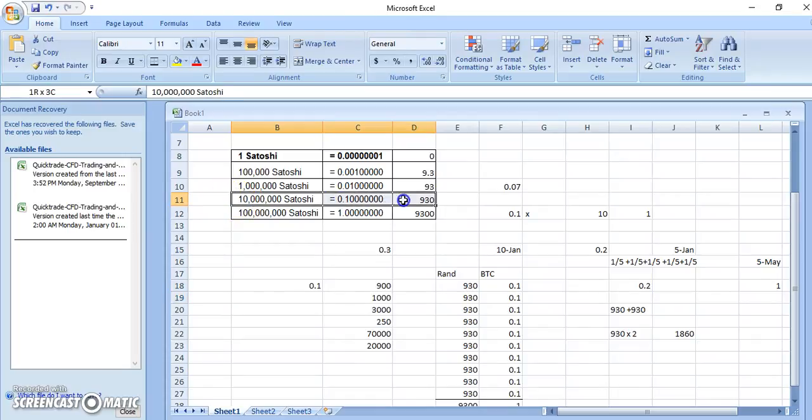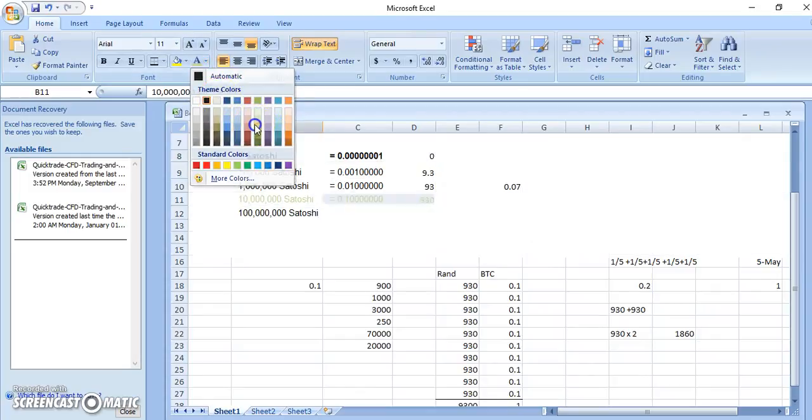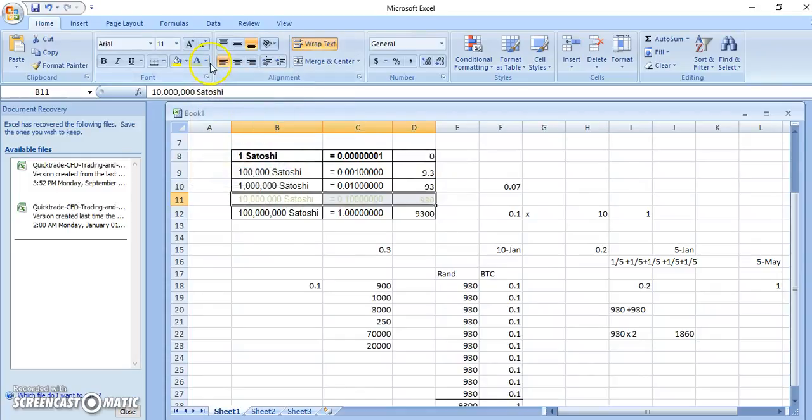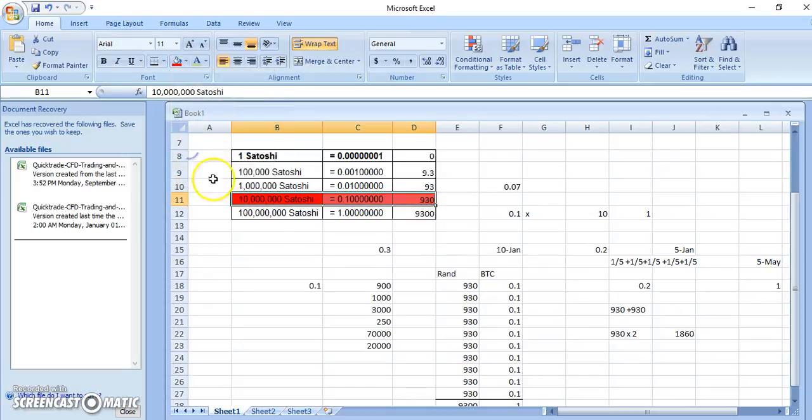Anything around 1,000 will be in this region, whether it's 1,000, 5,000, 6,000, 7,000. Even once I reach 9,000, I'll still be here.